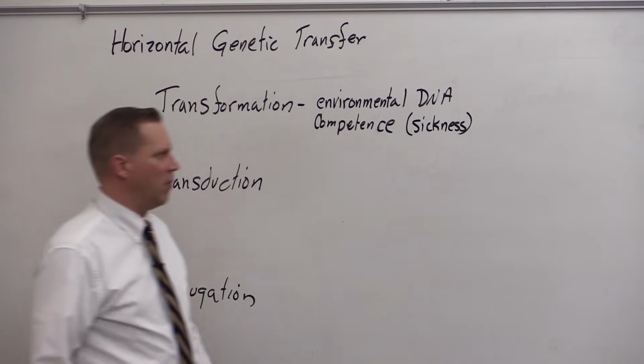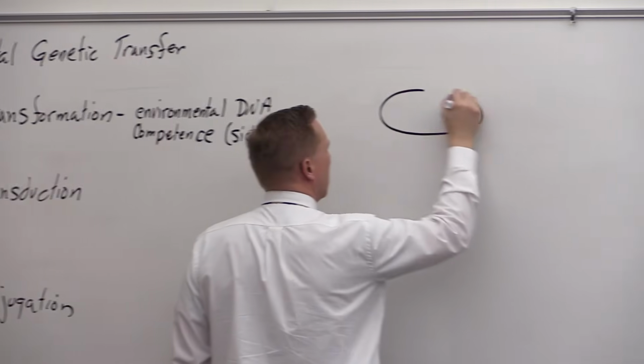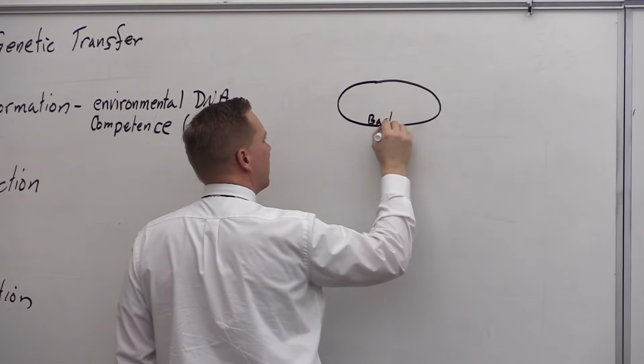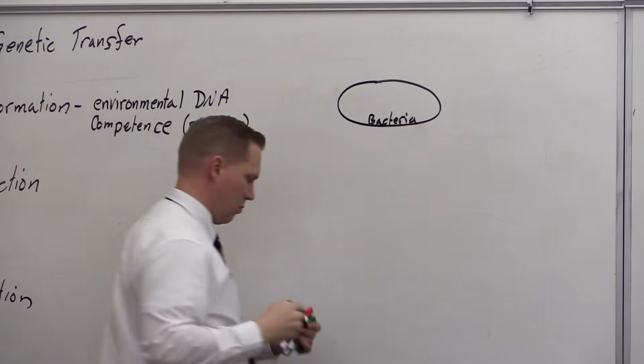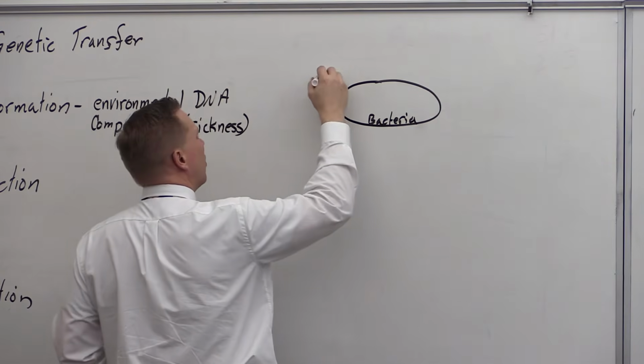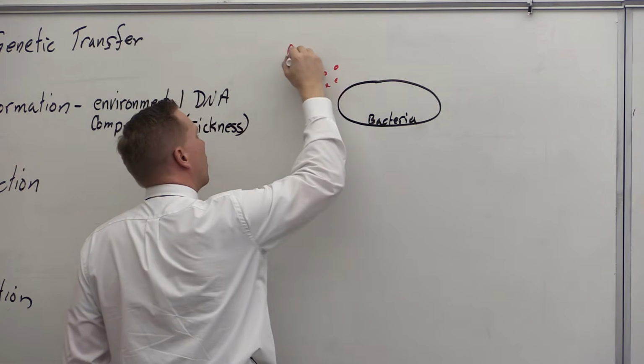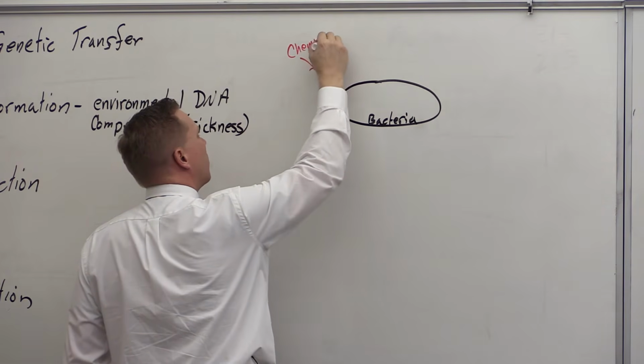Here's how transformation works. Scientists were able to discover that in a lab you'll have some kind of bacteria, and you could introduce certain chemicals to it, like calcium and other things.